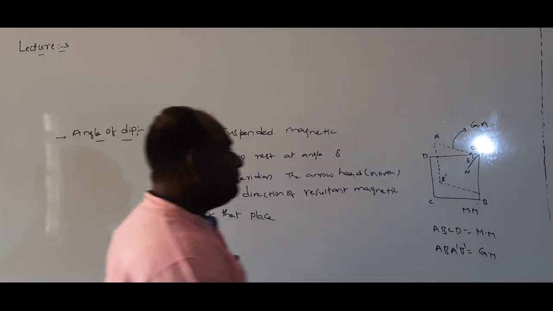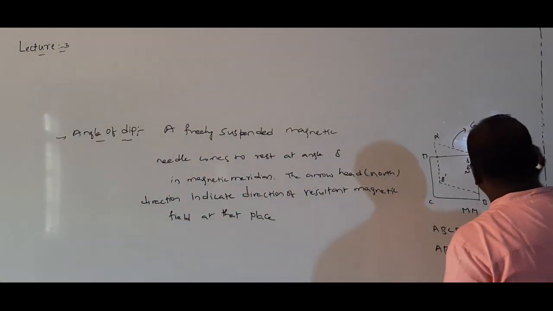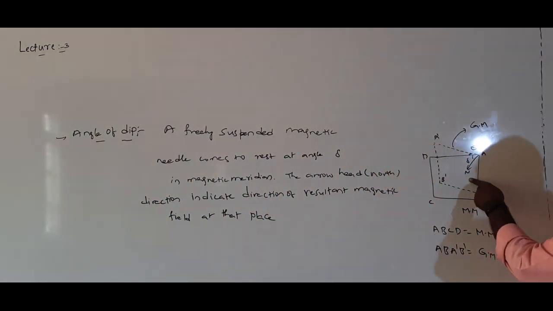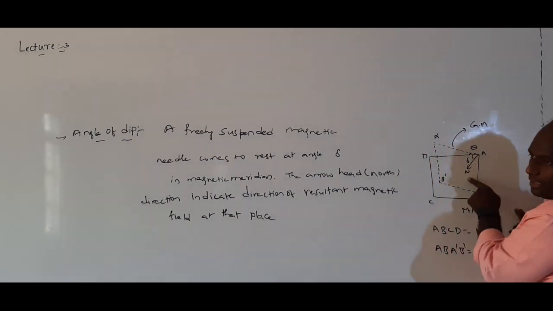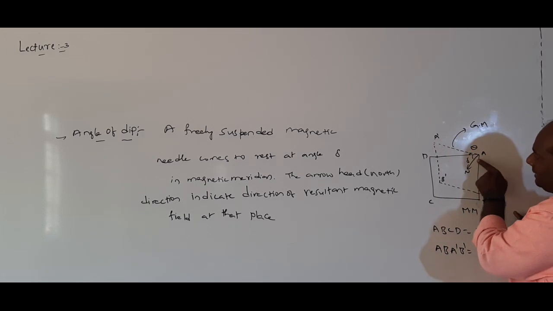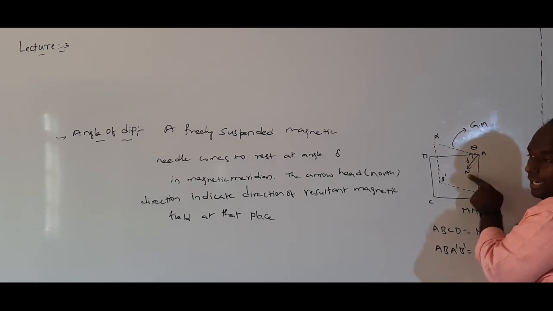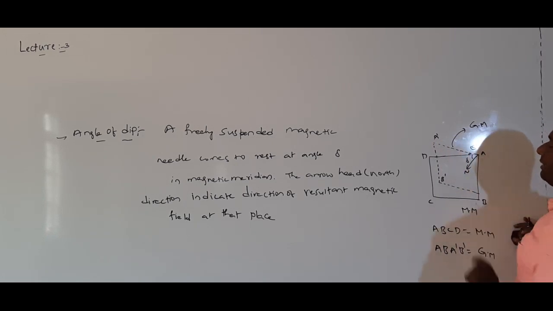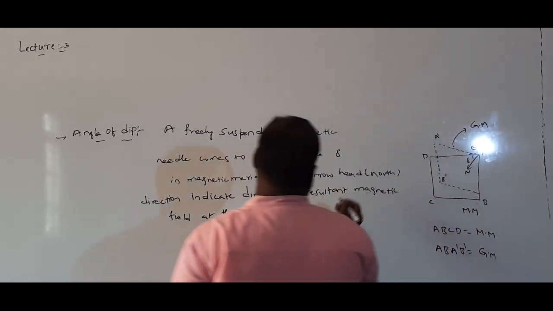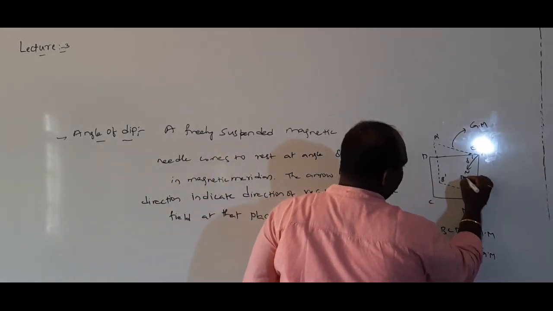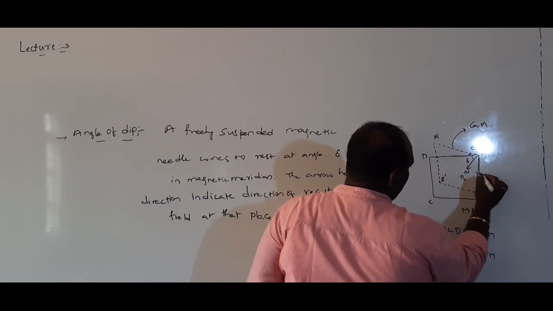So if you assume this is the magnetic needle, the magnetic needle comes to rest at a particular point. The direction in which the north pole of the needle shows, that is the resultant magnetic field. This resultant magnetic field, this is the resultant B, I can resolve into two components.